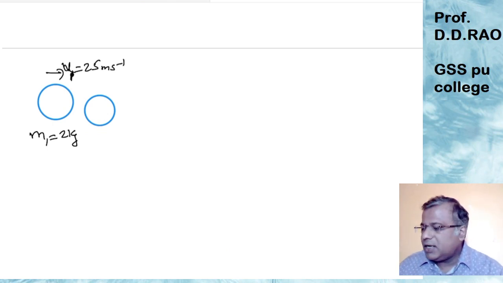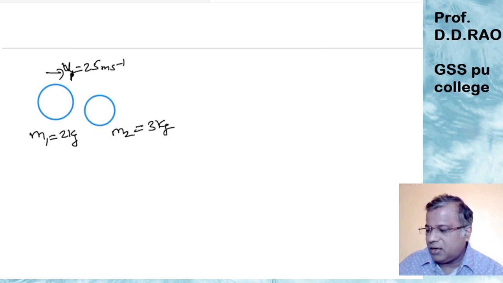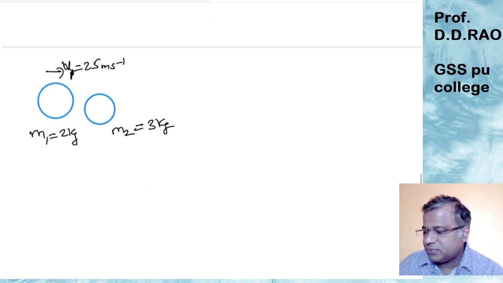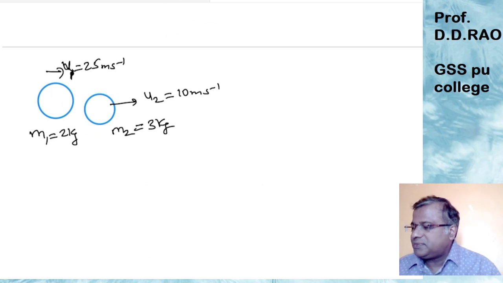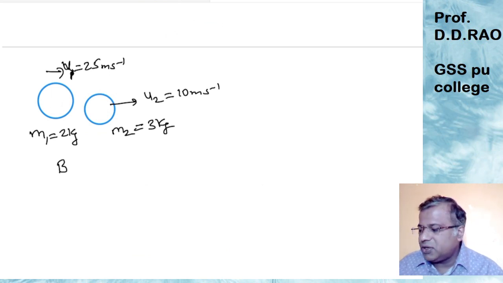Now let me take another object M2 which is 3 kg and is moving with a velocity of 10 meters per second. So you have the first object of mass 2 kg moving with velocity 25 meters per second, and the second object of mass 3 kg with initial velocity 10 meters per second. This is the situation before collision.